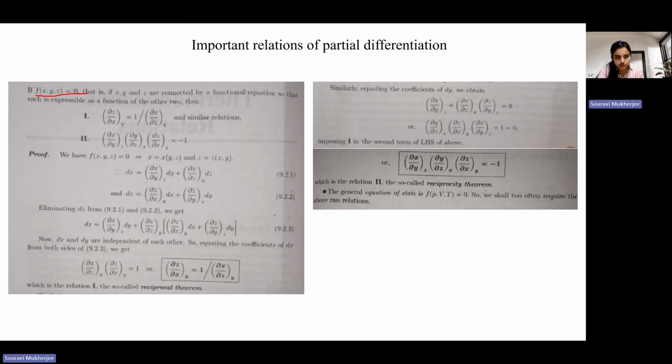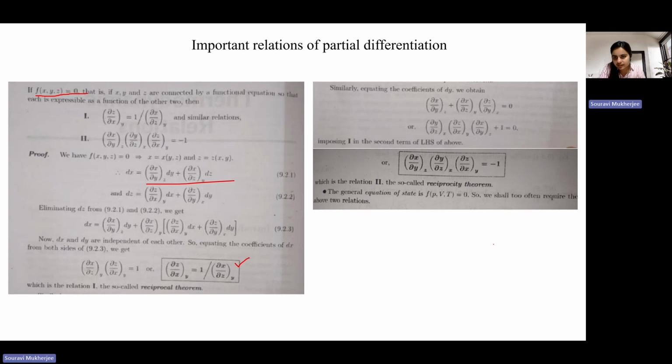This is how your partial differentiation would look. You can write dx in terms of y and z, or you can write dz in terms of x and y. Now, the important theorem is called the reciprocal theorem. So del z del x at constant y is equal to 1 by del x del z at constant y. Just the reciprocal. You can go through this step to understand that.